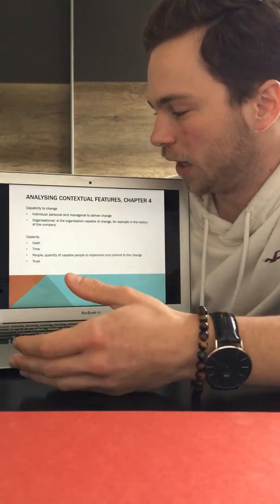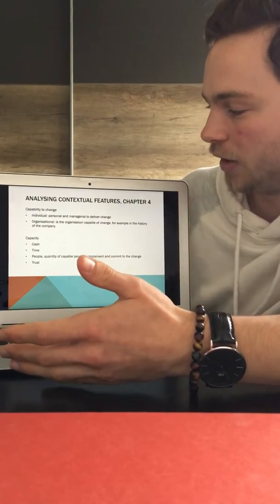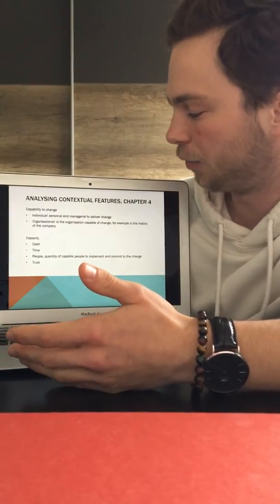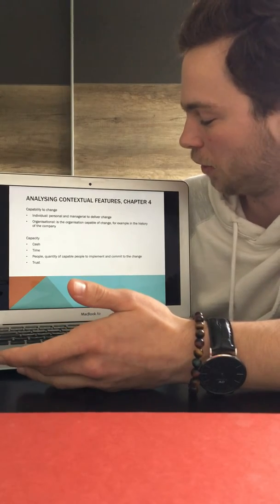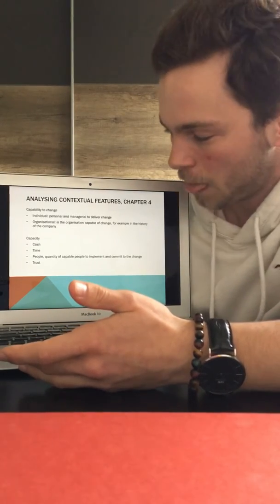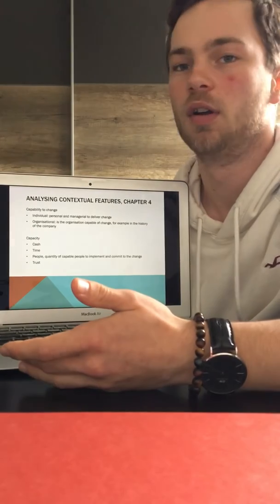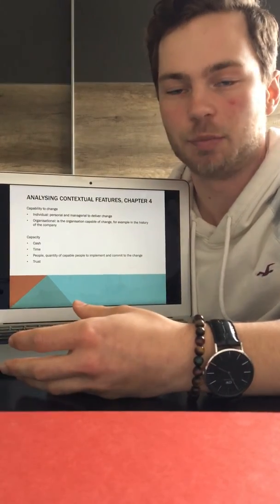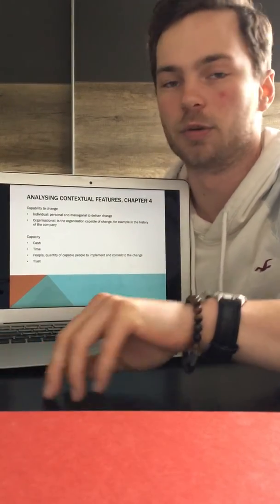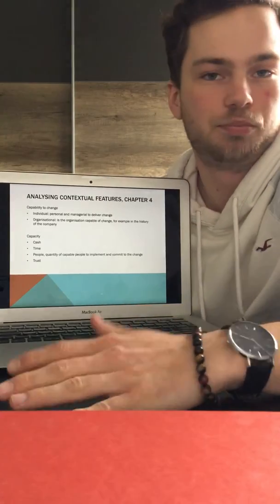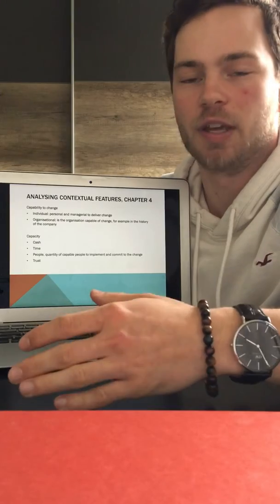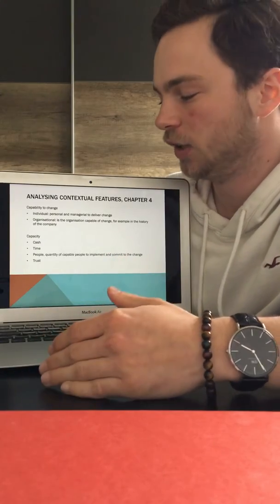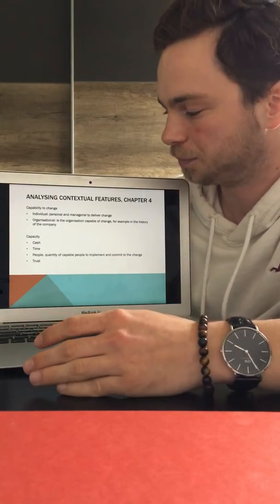And then you have the context sensitive side of organizational level, which is: is the organization capable of change, for example, in the history of the company? Have they managed change before? Were they competent? Were they incompetent? What needs to change? What can we learn about previous changes, and are they capable of it?